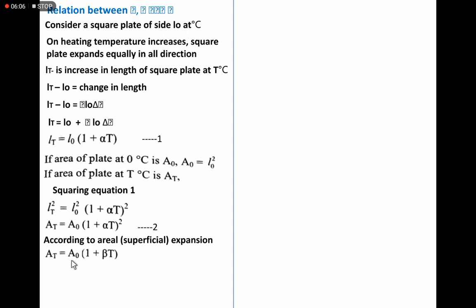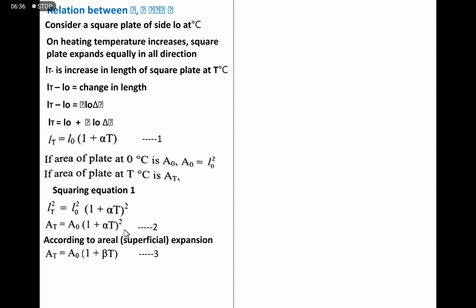Here the equation for superficial expansion, or increase in area, is AT equals A naught into bracket 1 plus beta T. The earlier equation we obtained by using linear expansion, and this one is from superficial expansion. This is equation number 3.